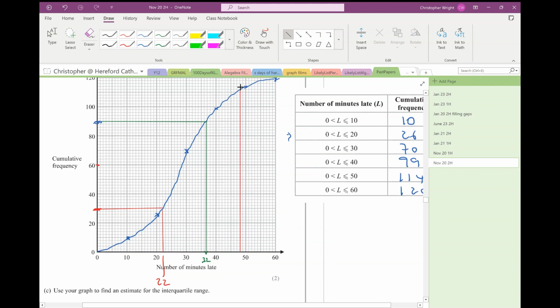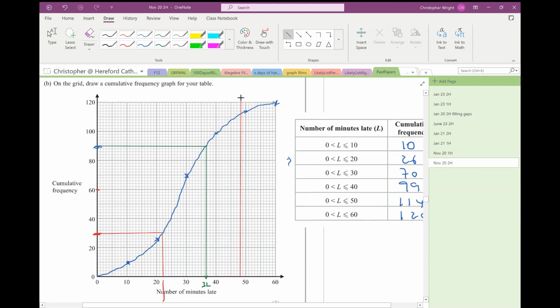Well, here's 48 minutes, right? I'll go right up there. So how many buses were less than 48 minutes late?